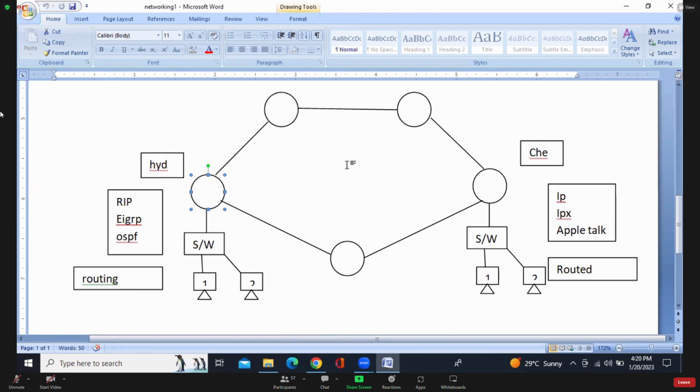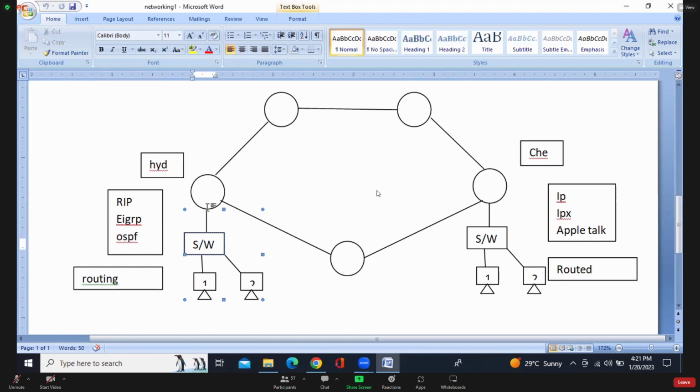So guys, according to this diagram, how many routers will we have? These round circles are routers, guys, okay? So 5 routers we will have, right? So this is the Hyderabad branch. Assume Naresh IT has two different branches. This is the Hyderabad branch and this is the Chennai branch, right? So this is the Hyderabad branch network. The router is connected with a switch. With the help of switches, we connected multiple machines here.